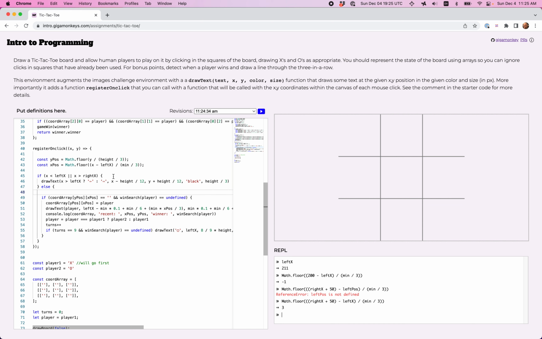And so now I guess we could do this logic in terms of the xpos rather than in terms of left x and right x, which is maybe a little clearer. So like if it's less than 0 or it's greater than 2, all right, so that logic should be the same.